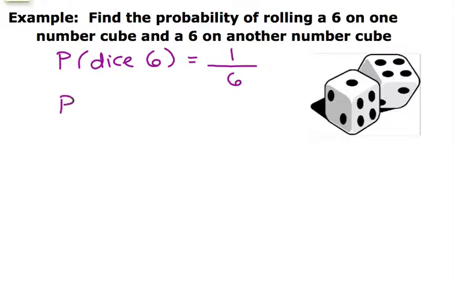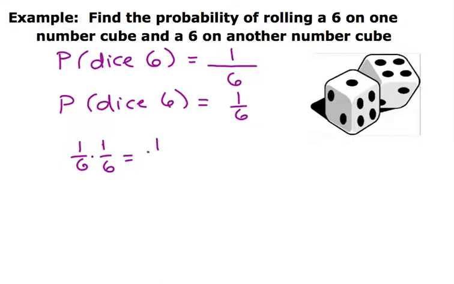Then we roll the dice again, and it also is going to be a 6. So remember what we do? We multiply 1/6 times 1/6, multiply across. You have a 1 in 36 chance of the same number popping up again.